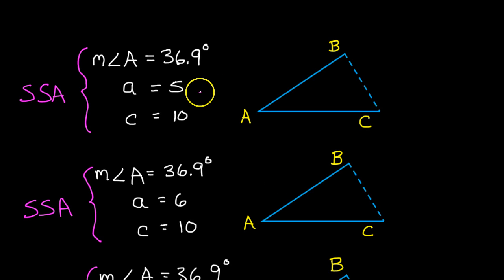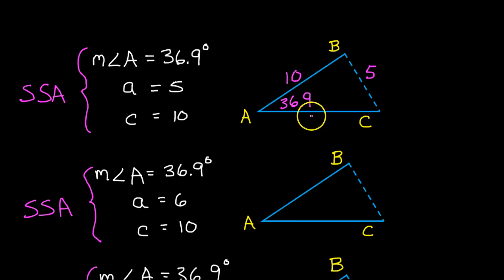Looking at this first situation, if the measure of angle A is 36.9, and side a is 5, so that would be the 5 over here, and side c is 10.